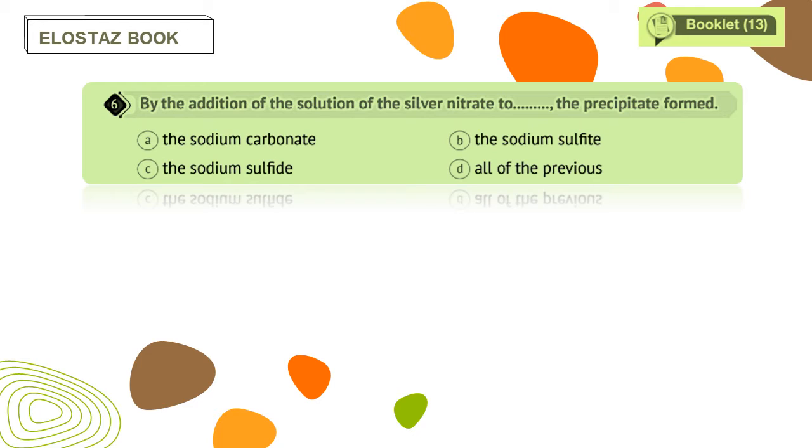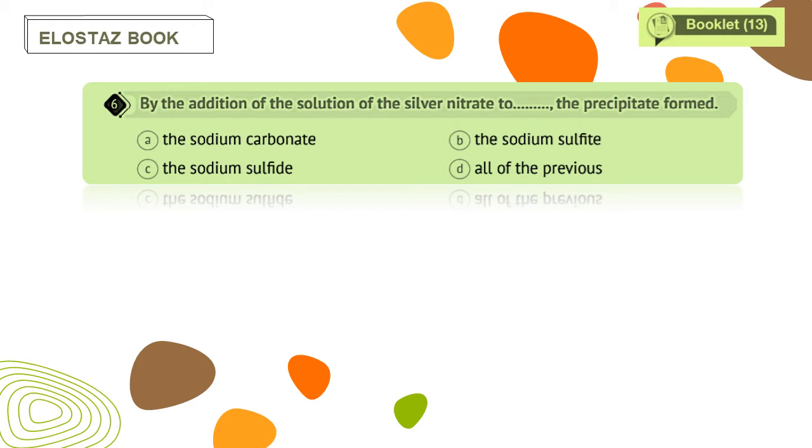Okay, if we know that a precipitate will be formed in the solution of silver nitrate when added to each one of the following.